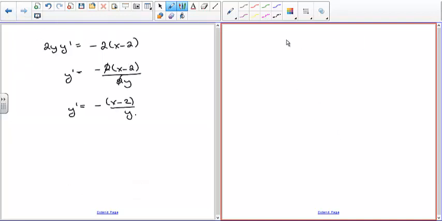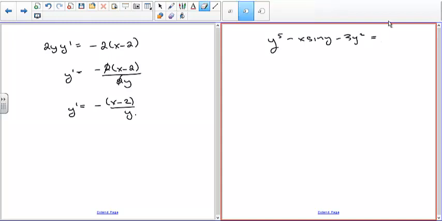Okay, the next one. So I have y⁵ − x sin y − 3y² + 1 = 0.